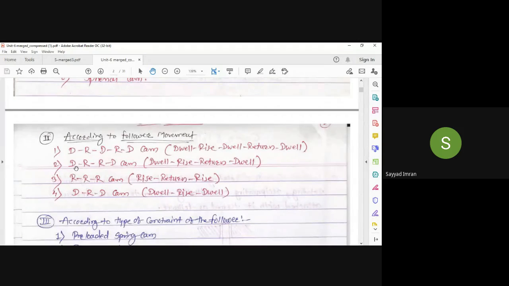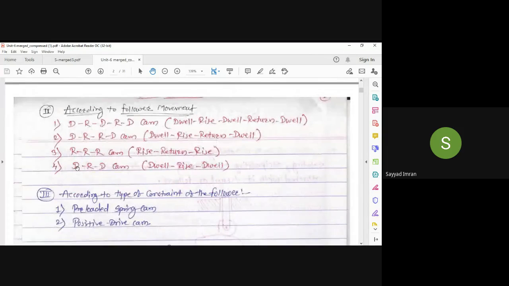Next one is the DRRD cam: dwell, rise, return, dwell. I will tell you what exactly dwell is, what exactly rise is, and what exactly return is. The next one is the RRR cam: rise, return, rise. And the last one is the DRD cam: dwell, rise, dwell.